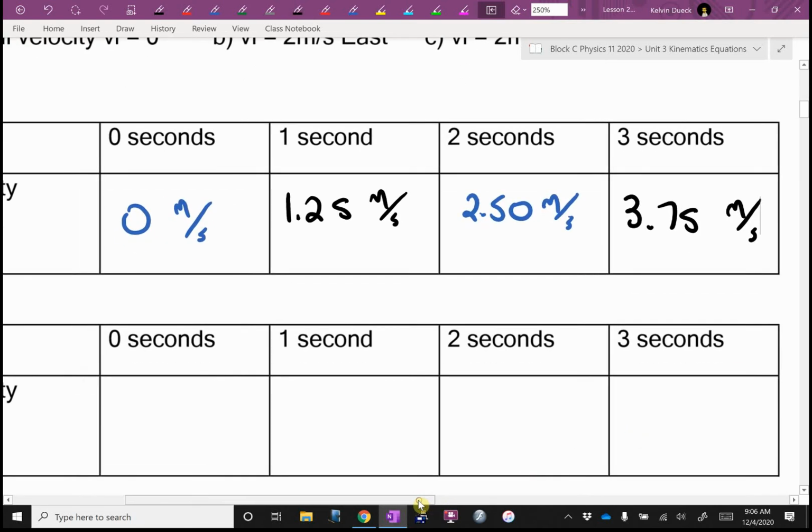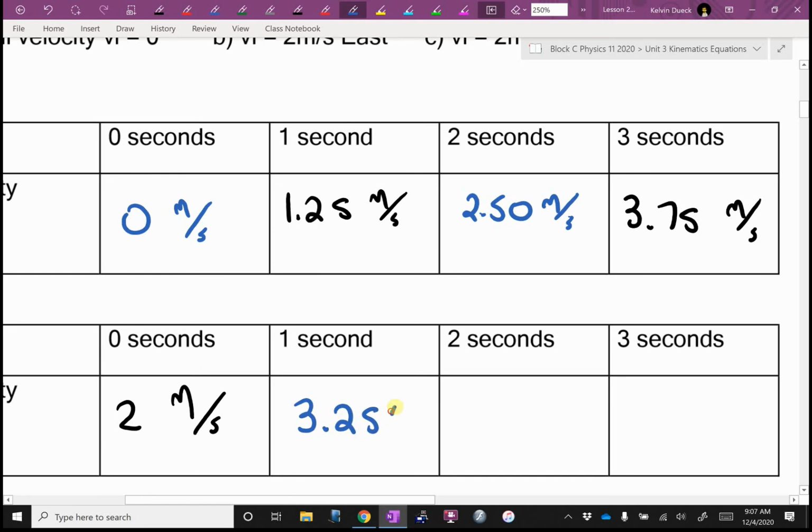So situation B, VI is 2 meters per second. How fast are we traveling now after 1 second? Are we 4? What's our acceleration as a number? 1 point. Oh, never mind. So you want to revise your answer? Go ahead.